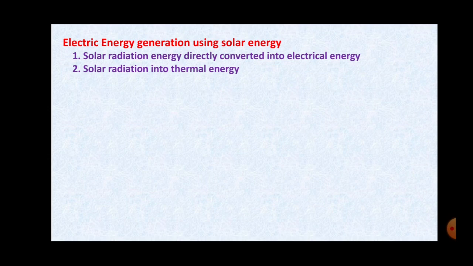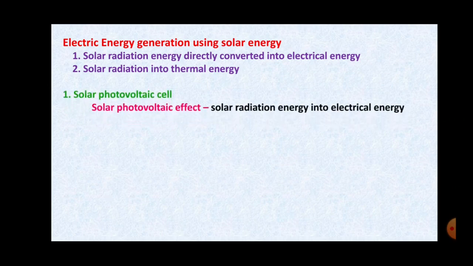Okay, so first of all, we will start with the first method where the solar radiation energy is directly converted into electrical energy. Now this is done by using a special type of cells which are called solar photovoltaic cells, and these cells convert the solar radiation directly into electrical energy, and this effect is called the solar photovoltaic effect.